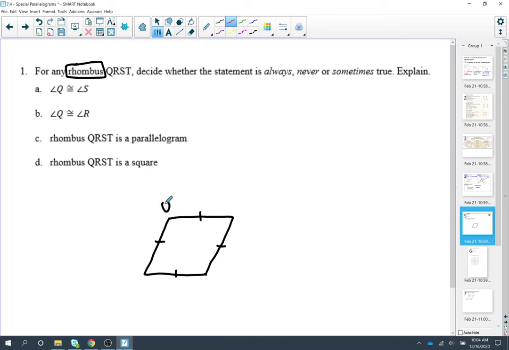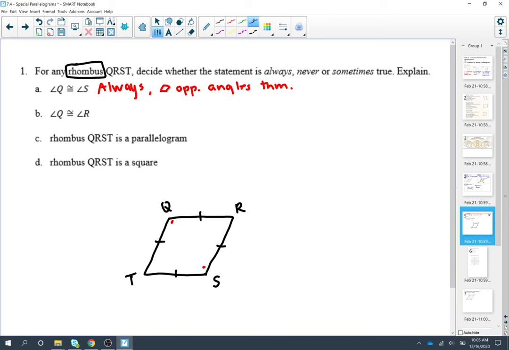And I'm going to say Q, R, S, T. Letter A. Angle Q is congruent to angle S. Well, that's always. And the reason I'm allowed to say that is because a rhombus is a parallelogram, and that's the parallelogram opposite angles theorem. Meaning opposite angles in a parallelogram are always congruent.